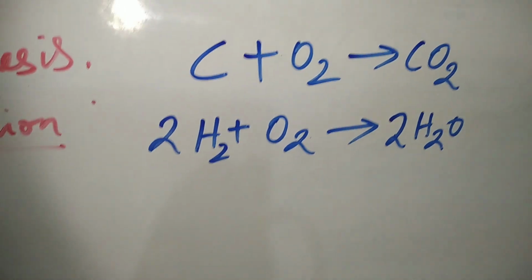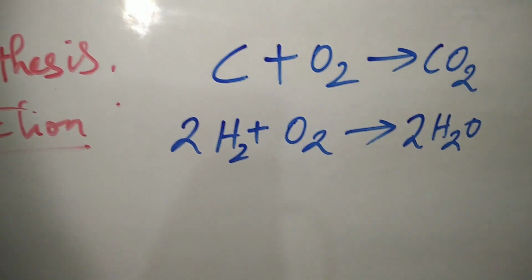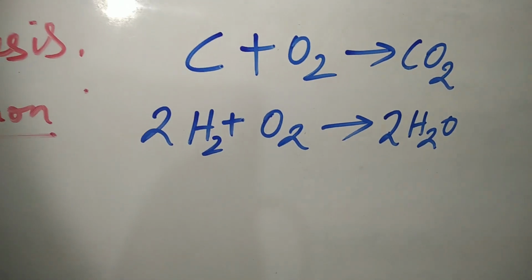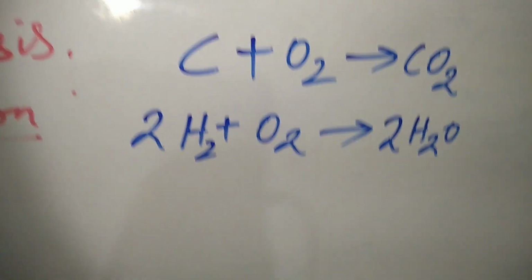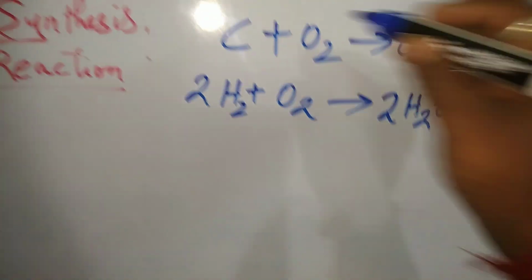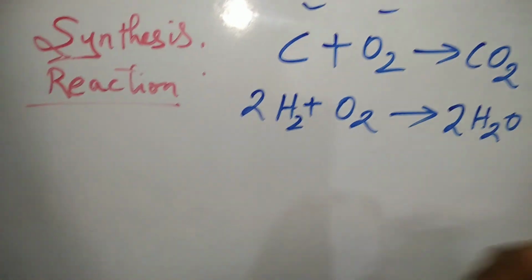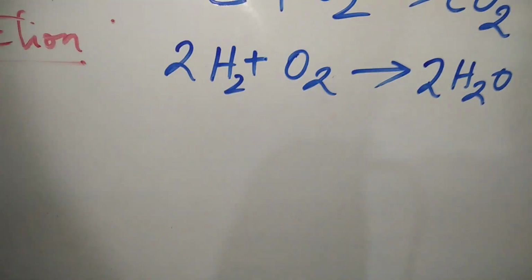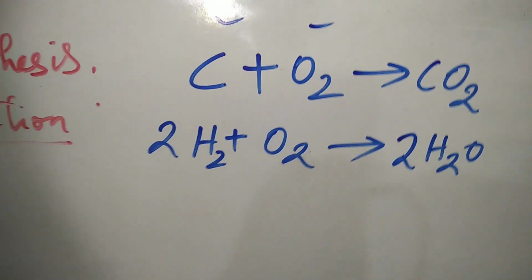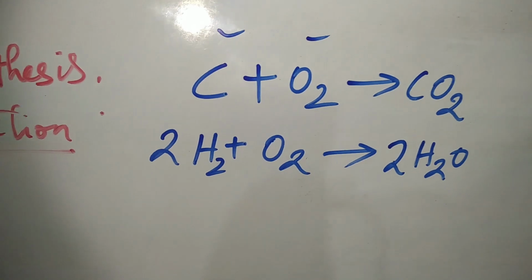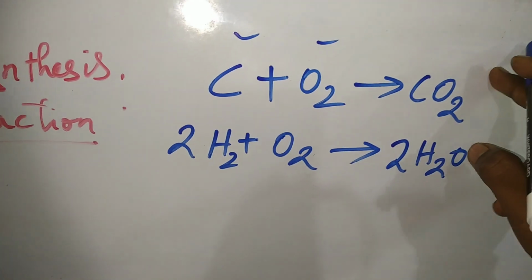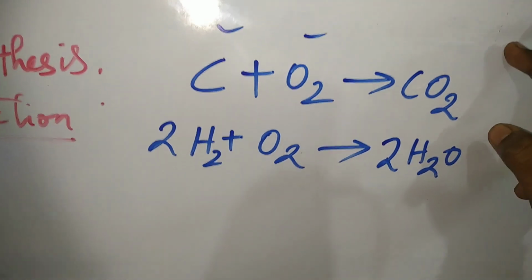And why its name as synthesis? We may understand why it is combination, because it combines two or more elements to form a single compound. It's combining. But why synthesis? See, each and every element is formed by nature, and in the lab as well as in nature, it's synthesis to form a compound.